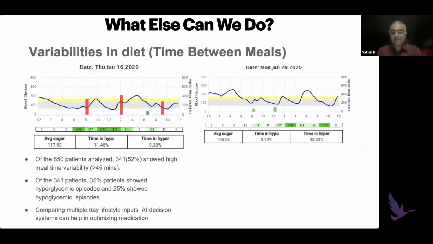You can see here very clearly, people who do not eat on time, who have a large variability in their food timings, lunch sometimes at 1, sometimes at 1:30, sometimes at 12:30, sometimes at 2 o'clock, that variability in when they eat gives rise to almost 30% more hyperglycemic attacks, which is people's sugars going way above, and 25% showing hypoglycemic, that is sugars going way below.